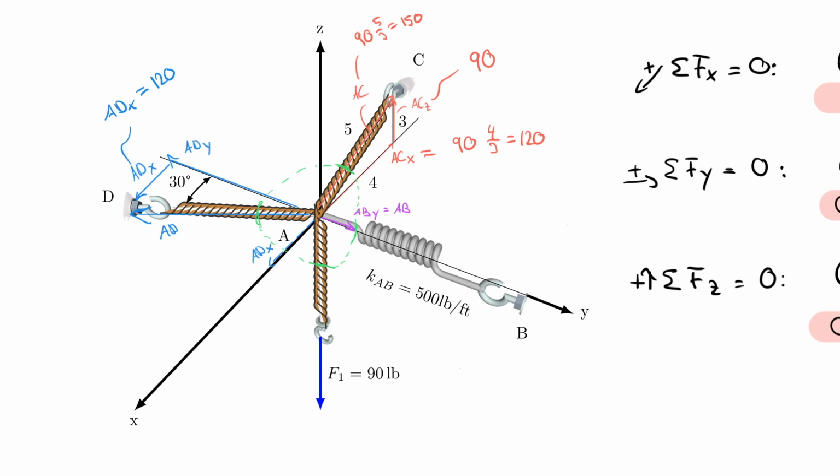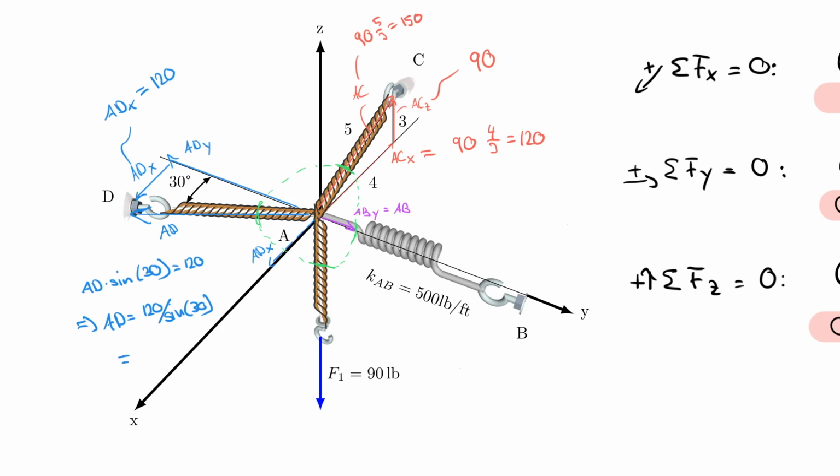Because now I can just take the 120 and turn it into AD. So for example, AD here, right? This force AD times the sine of 30 gives me 120. So let me write that down. AD times sine 30 would be equal to 120. And so therefore I know that AD is equal to 120 divided by sine 30.